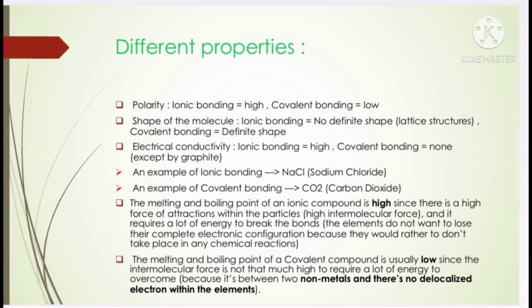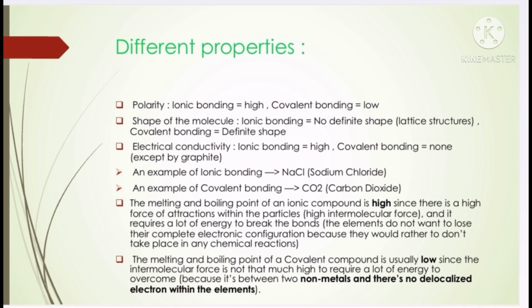So there are delocalized electrons moving around the particles of the elements in that specific compound. They have a higher intermolecular force, and that's why it requires a lot of energy to overcome and break the bonds. So it has a high melting and boiling point.